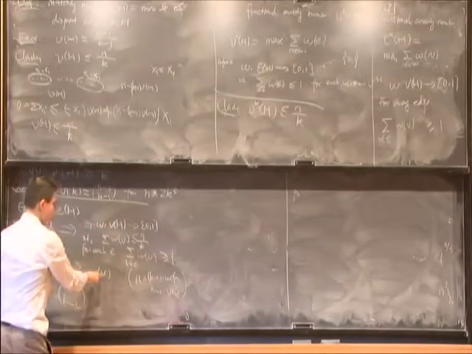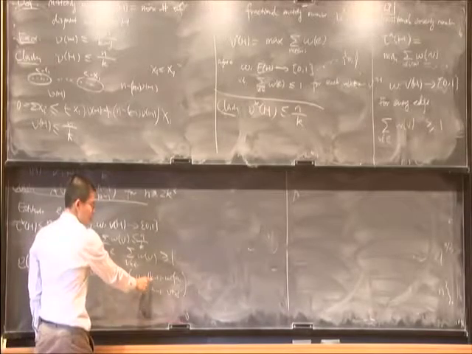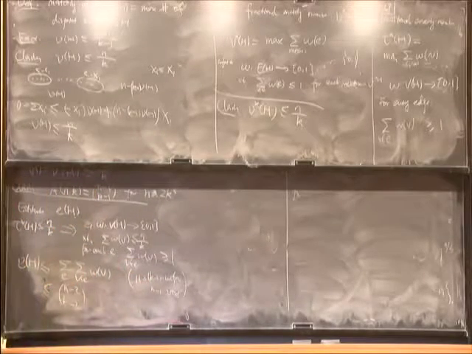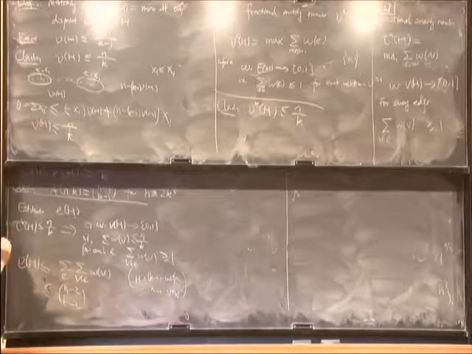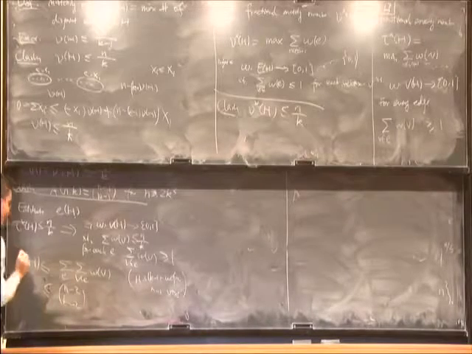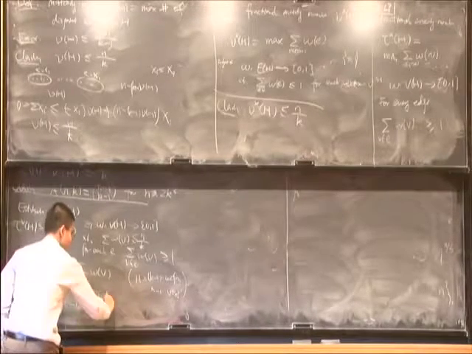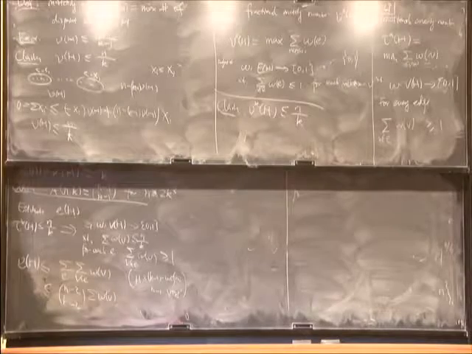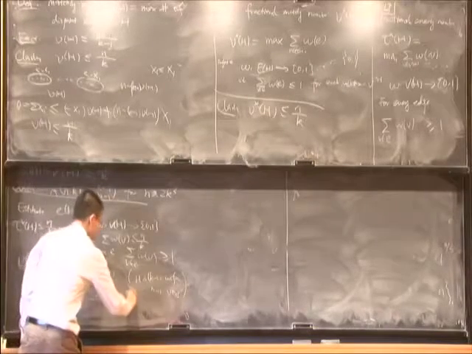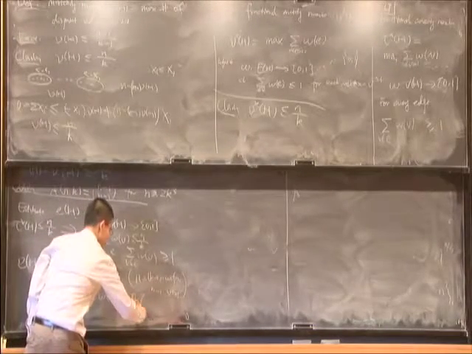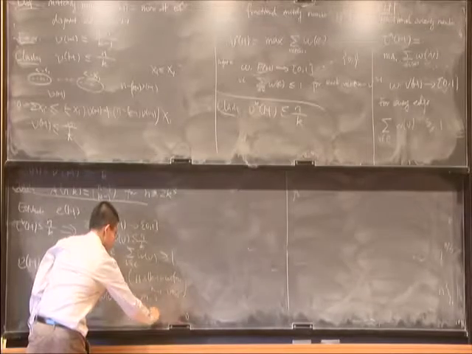So every vertex v here is counted at most (n-2 choose k-2) times. So we have the sum over v, and this number is bounded by n over k times (n-2 choose k-2).